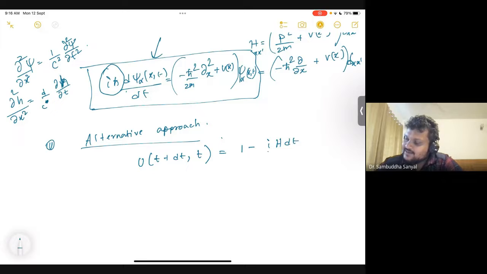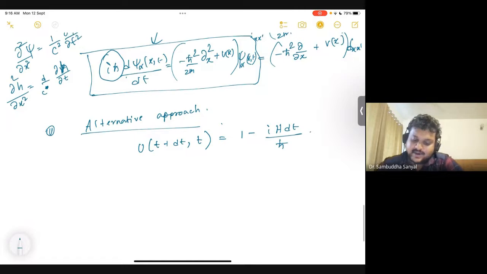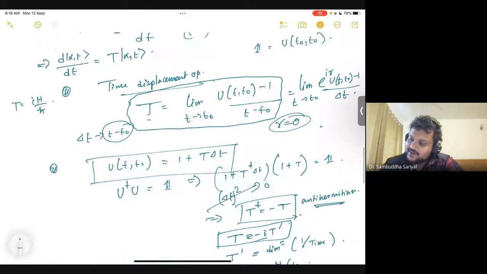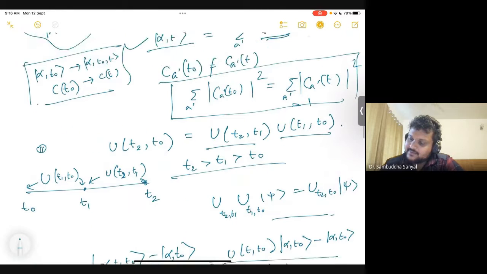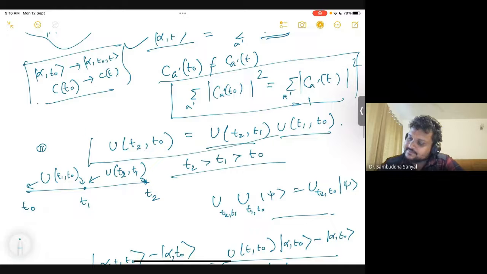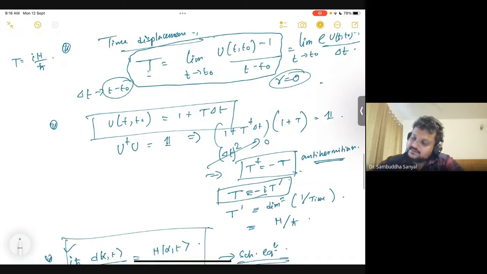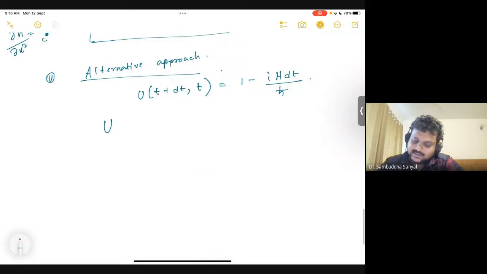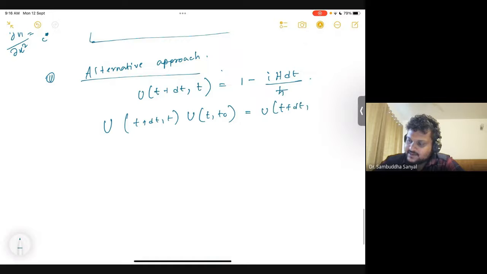So I can write this as i h bar d/dt, and I use this point that I am going to exploit, this particular point I have mentioned before, this relation. Okay. So let's use this relation. So this relation tells you U(t+dt, t) U(t, t0) must be U(t+dt, t0), right?